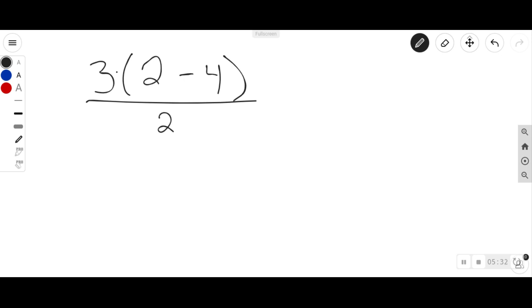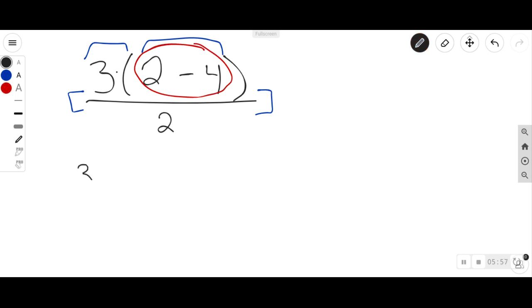Now in here we have a times, we have a subtract, and we have this division here. Now like we said, parentheses is first, P. So everything inside the parentheses has to happen before anything on the outside. So I'm going to copy it down.